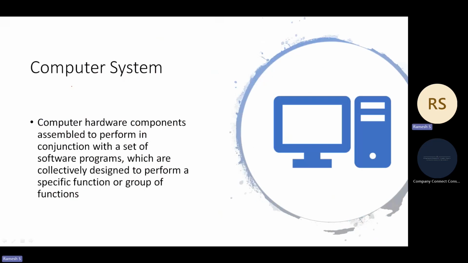Okay, so first we will discuss what is meant by a computer system. This is the definition of a computer system: computer hardware components assembled to perform in conjunction with a set of software programs which are collectively designed to perform a specific function or group of functions. So a computer system is nothing but a combination of computer hardware and software, and collectively it will be called a computer system.